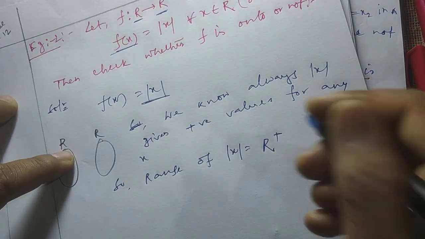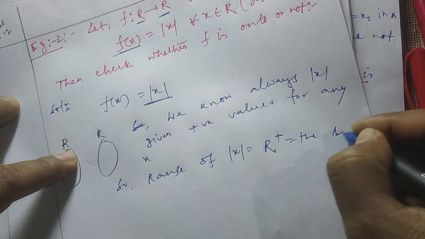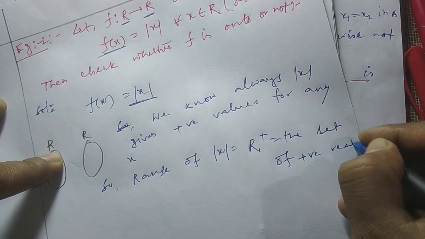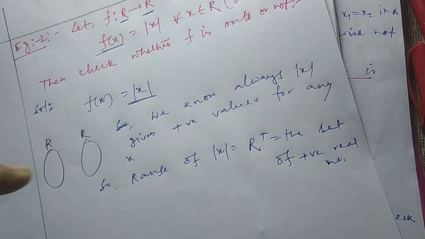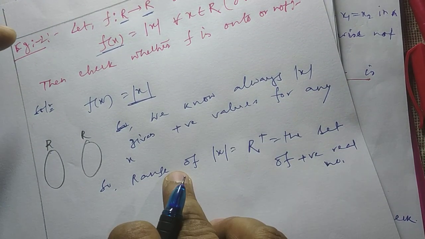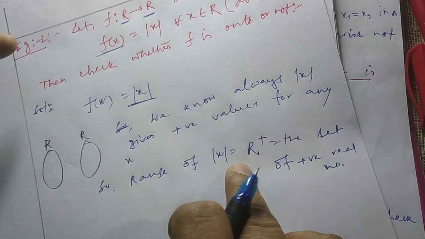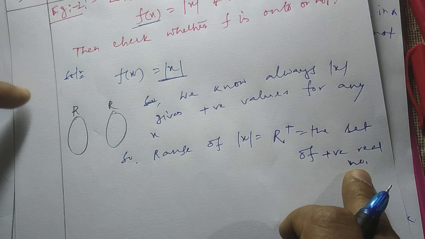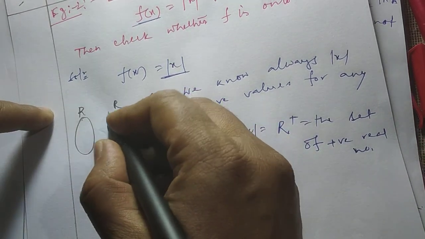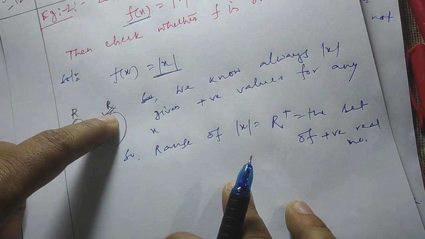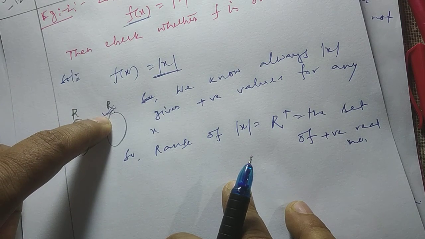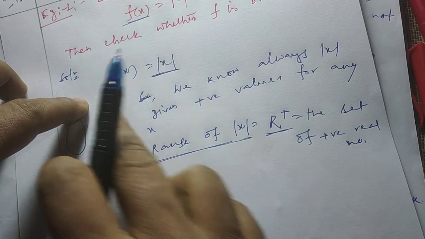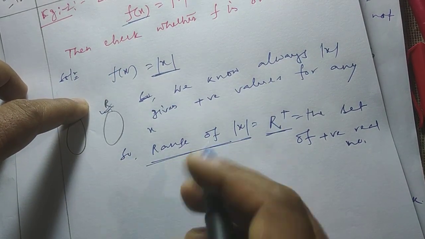What is R plus? The set of all positive real numbers. Okay. So here in this case the range of mod x will be R plus, the set of all positive real numbers. Now look at the codomain here. What is that? Real numbers. Here codomain is the real number set, and here we have seen the range is R plus. So both are not equal.